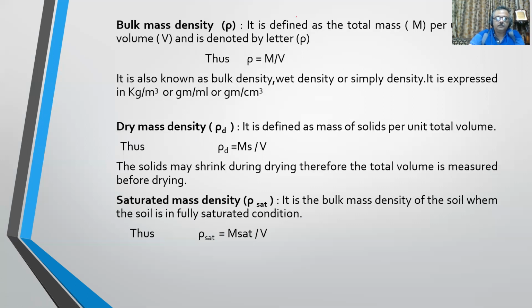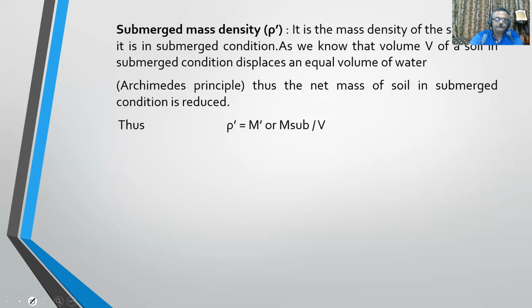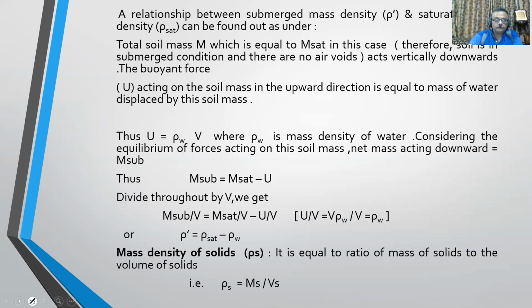So students, you can see from this that bulk mass density is denoted by rho, dry mass density is denoted by rho d, saturated mass density is denoted by rho saturated, submerged mass density is denoted by rho dash, and mass density of solids is denoted by rho s.